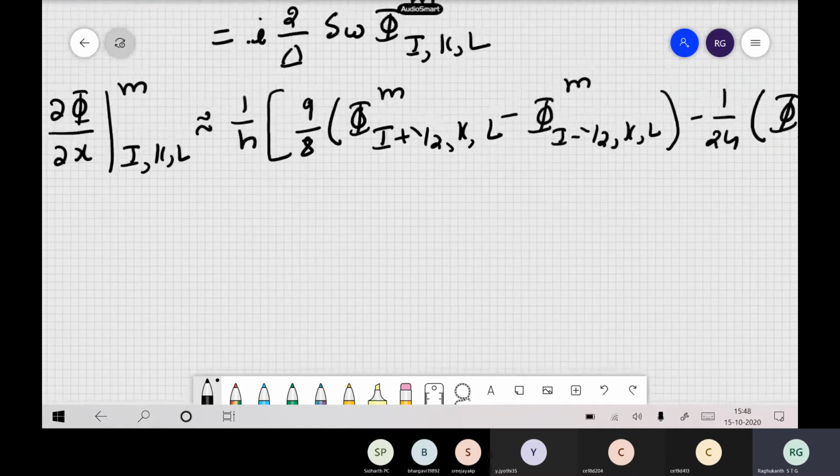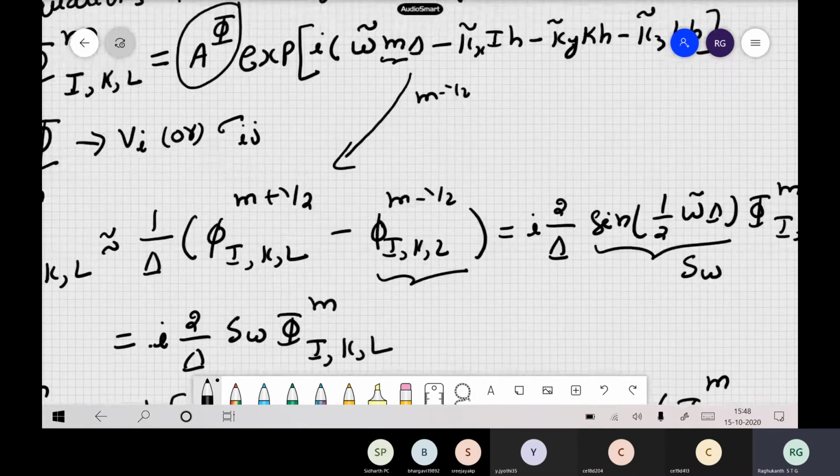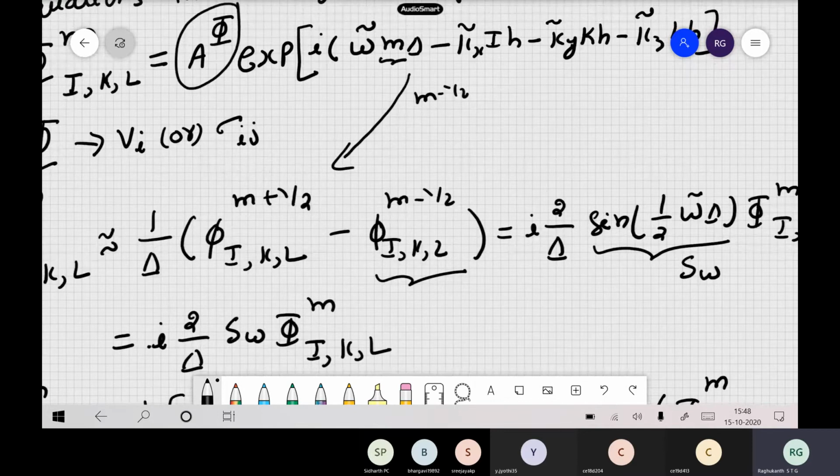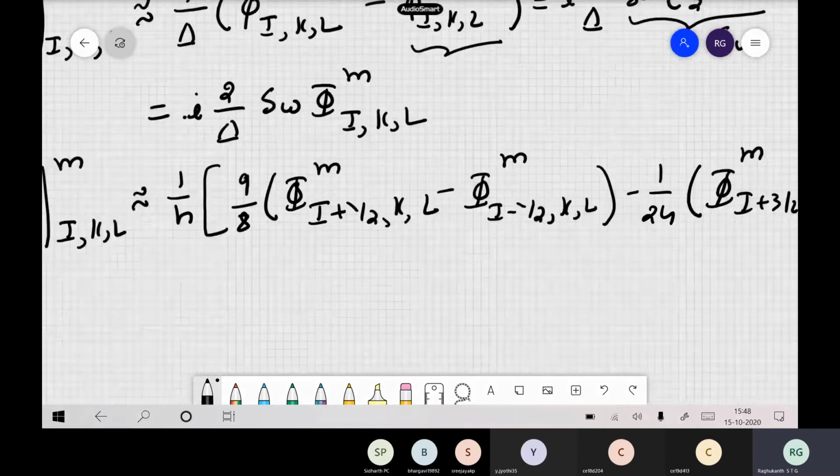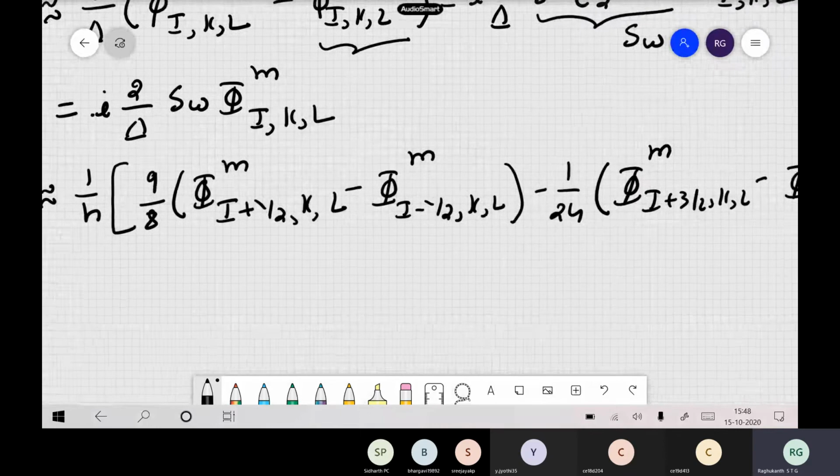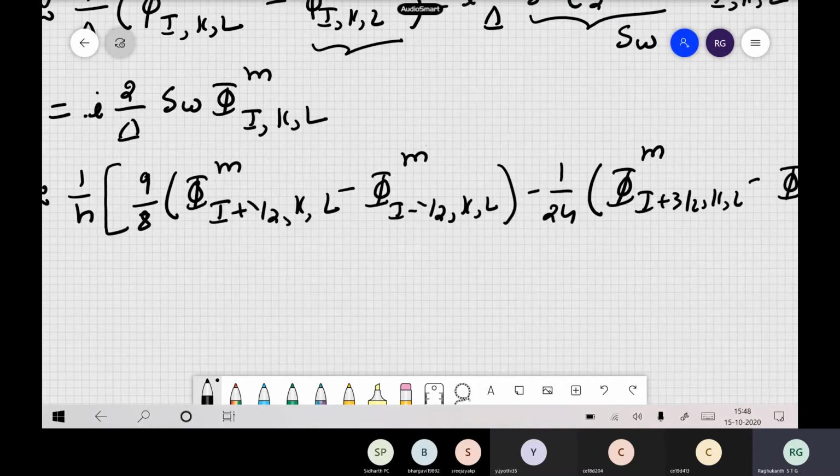So now here also you substitute this plane wave equation. What you have to do is, wherever you have I, you replace I with I plus half, I minus half, I plus 3 by 2, like that, and then you calculate the terms here.